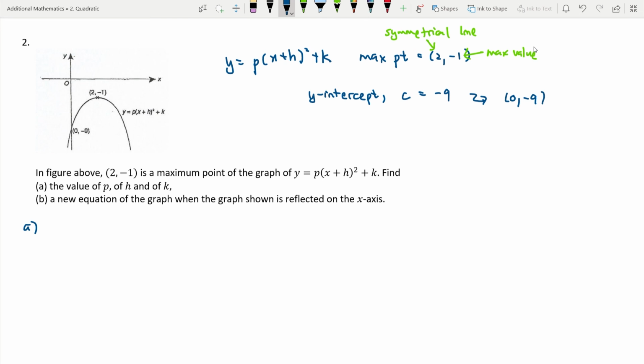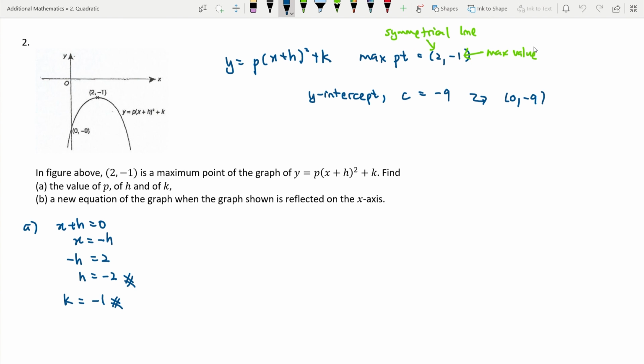For the symmetrical line, x plus h is equal to 0, x is equal to negative h. In this case, negative h is equal to 2, therefore h is equal to negative 2. The maximum value is k, and in this case, it is negative 1.